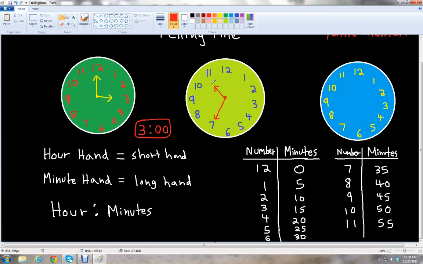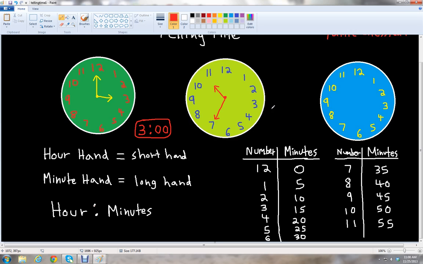So notice here that the hour hand is at 11. And then we have the long hand, the minute hand, at 7.